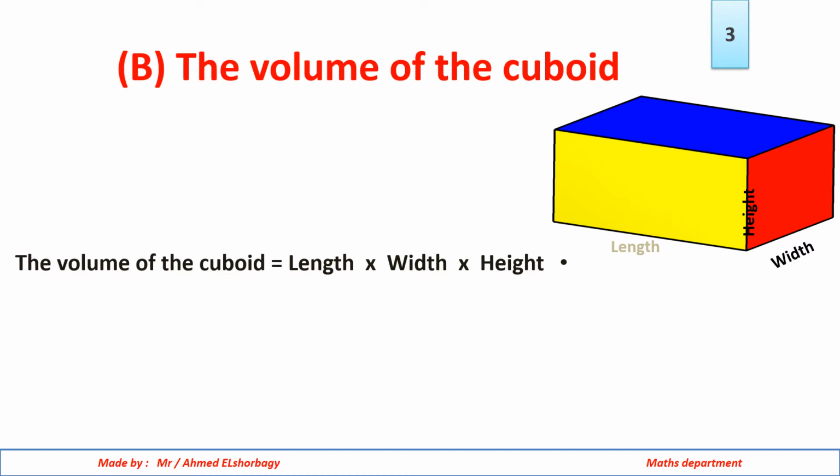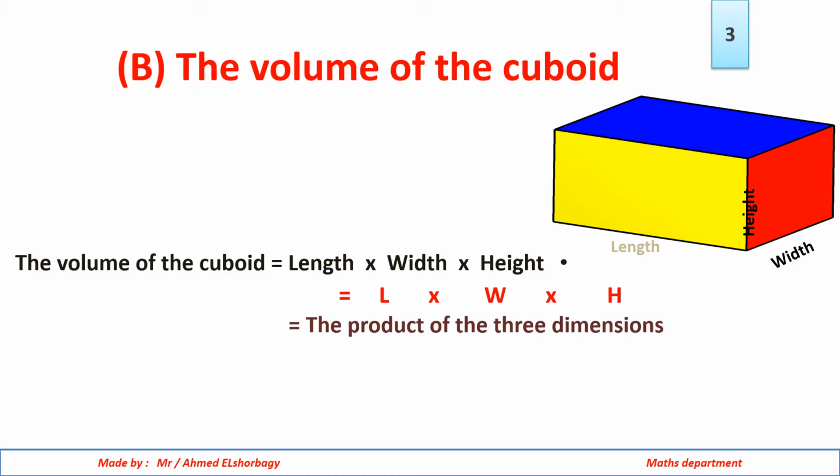The rule that we can find of the volume of the cuboid equals length times width times the height. We can simplify length to L and the width to W and the height to H. So the product of 3 dimensions equals the volume of the cuboid.